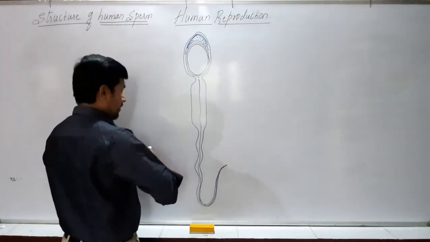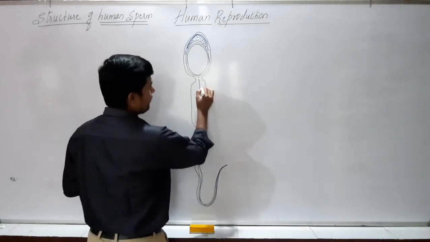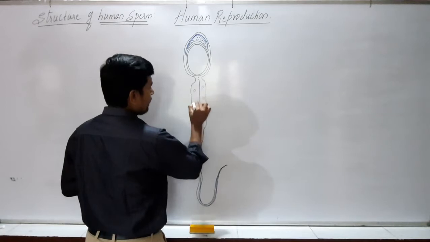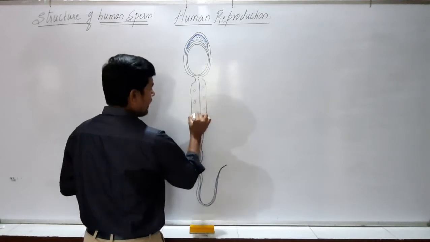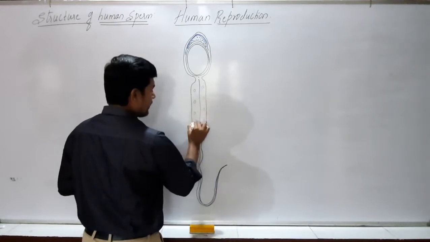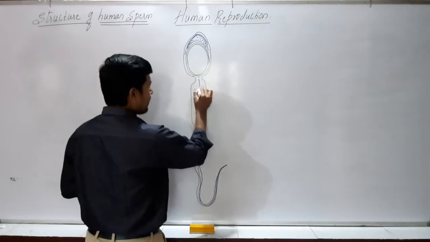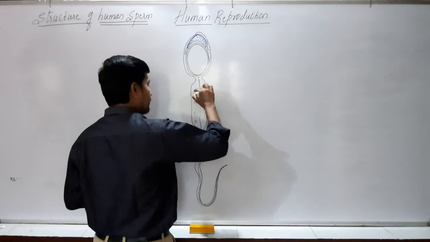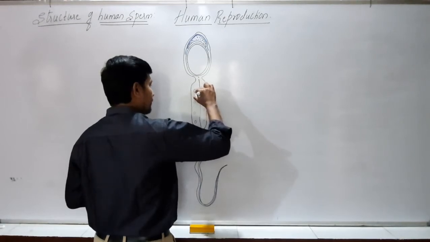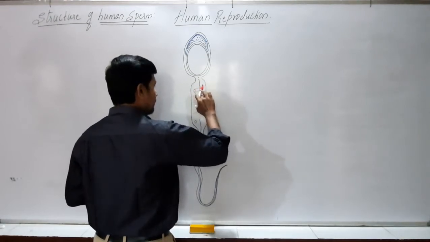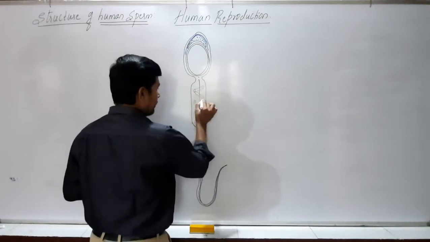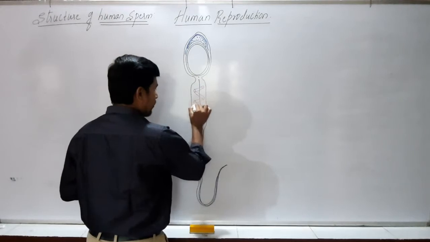Now at the middle of the sperm, it has mitochondria, and here we can easily make out the mitochondria.